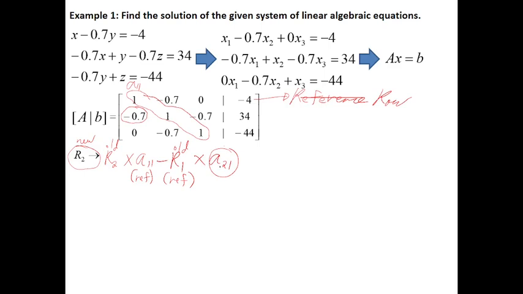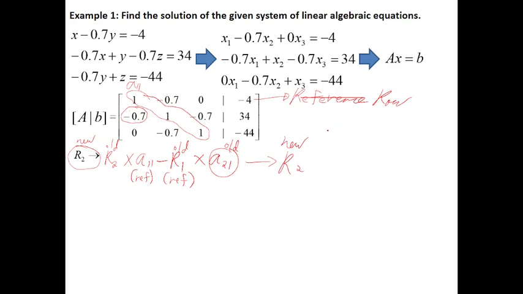So we write the original value, the old value, A21. That is negative 0.7, the element in the second row, first column. So that's the process, and upon doing this, there will be new elements.